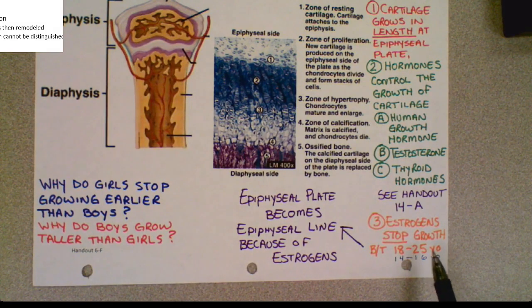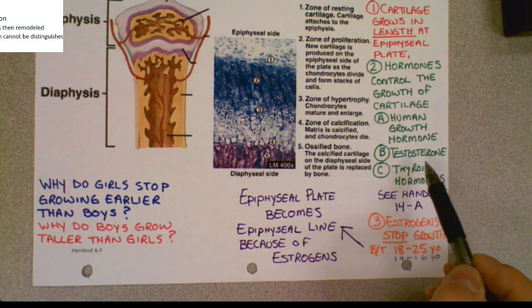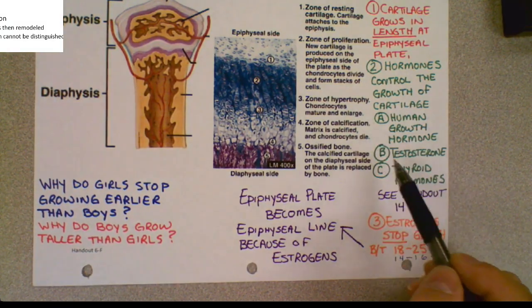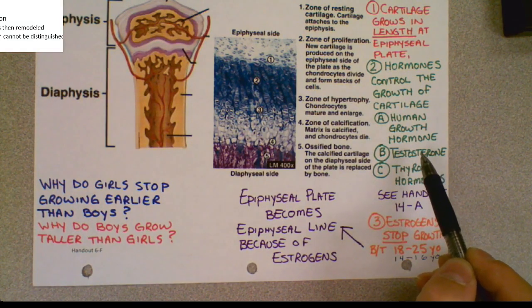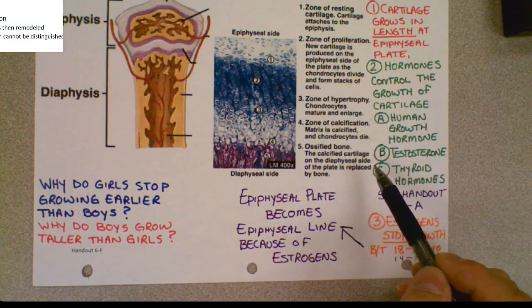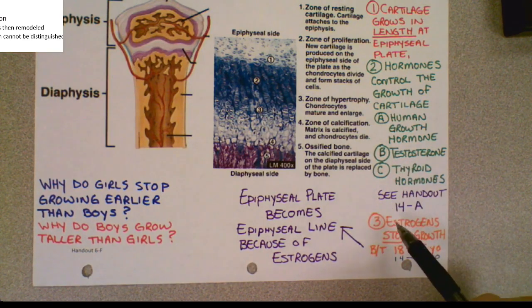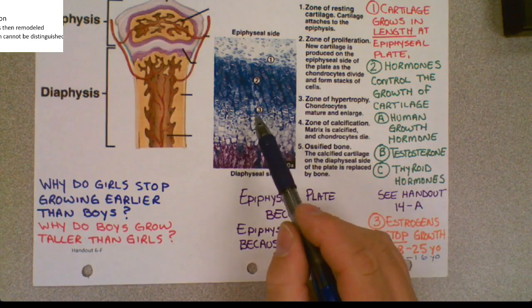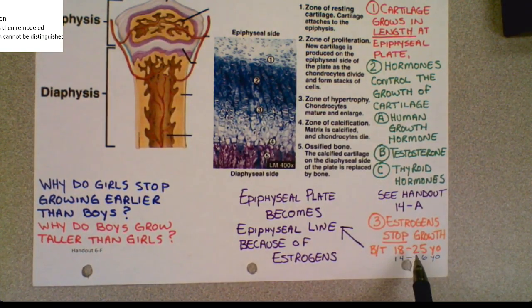And what ends up happening is we build up enough testosterone in our body that some of this testosterone is converted into estrogen. And when we convert that testosterone into estrogen, then our epiphyseal plates fuse and become epiphyseal lines. But this takes time to build up. So we don't build up enough estrogen to stop the epiphyseal plates until our 20s.